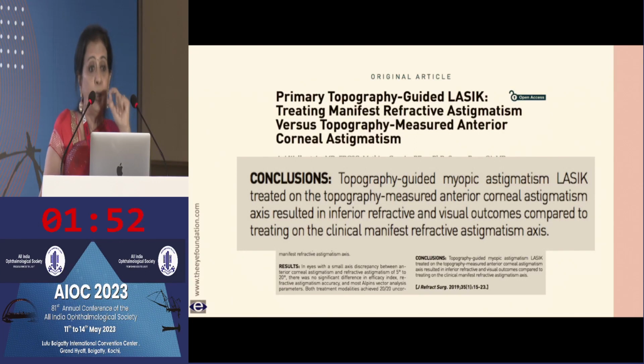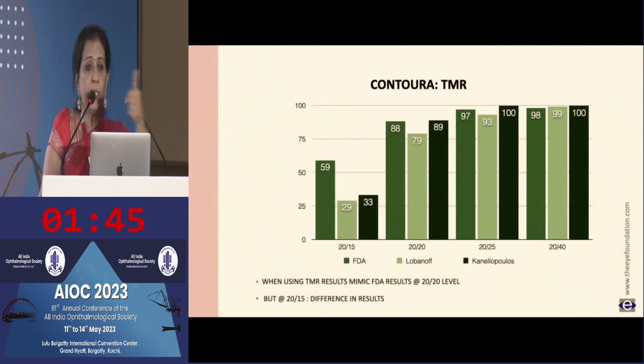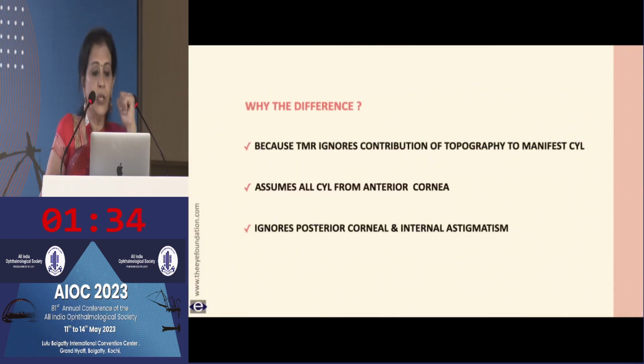Why? Because the topography was only looking at the anterior cornea and not at the posterior cornea and the internal astigmatism. So again, we compared the FDA results with the topo-guided treatment mode of Canelo-Polis and Lebanov, and again, the FDA results were superior. So why the difference?